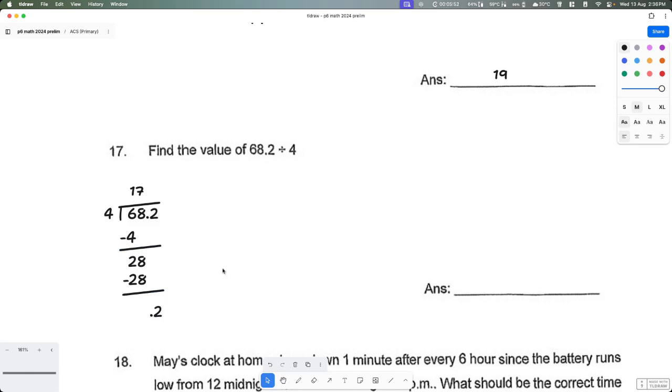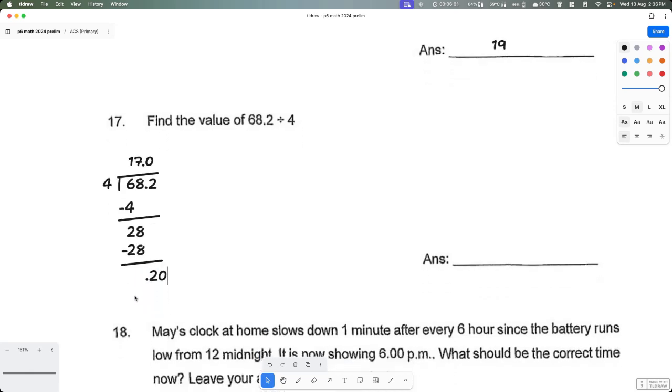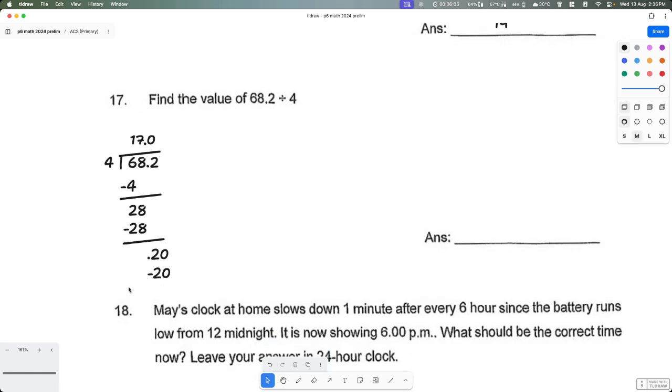We cannot do anything much with the dot 2, so we put a 0 and bring down another 0. Then 20, we can minus 20, and this will give us nothing else. So the answer to this is 17.05. This is pretty straightforward.